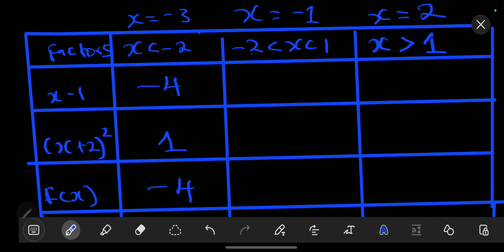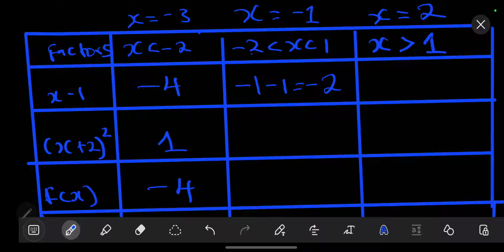Then let's look at the other value that we are getting. So we are going to have -1 when we put it here: -1 minus 1. This will give us -2. So we are replacing that value. Then when we get our -1, we put it here.